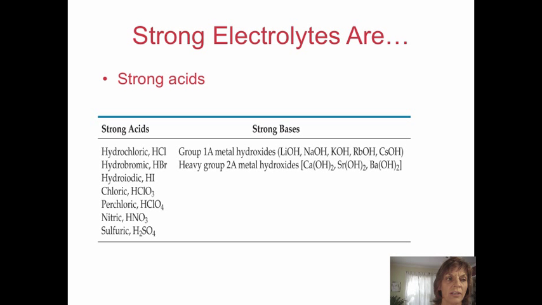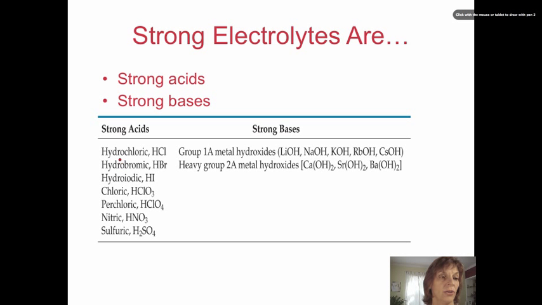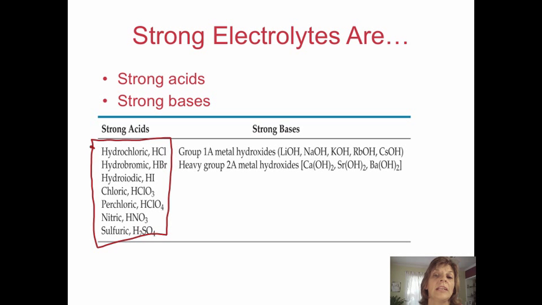If you want a strong electrolyte, you're going to have to use a strong acid or a strong base or the ionic compounds. So let's focus on what the strong acids and strong bases are. There are 7 known strong acids and strong bases. You will be required to know these because you need to know in a reaction whether they're forming ions or not. One hint here is none of these are organic, non-carbon containing.